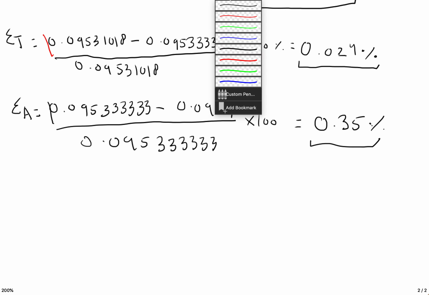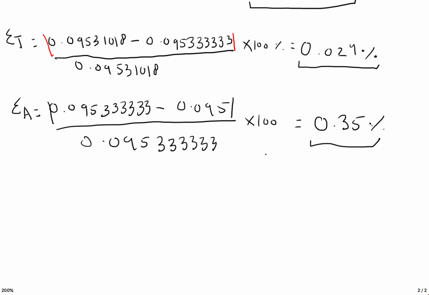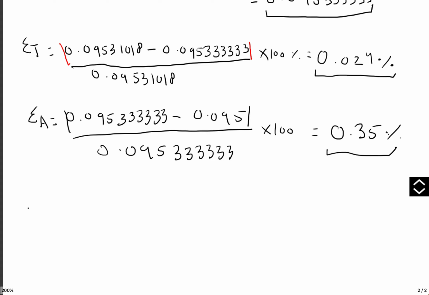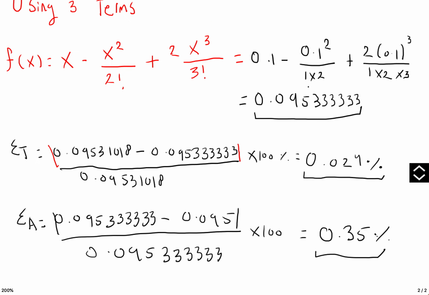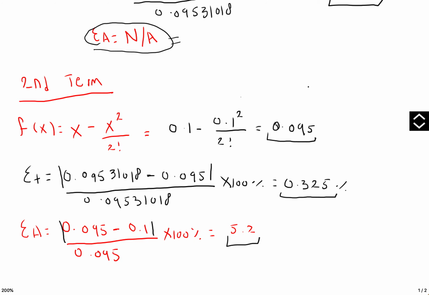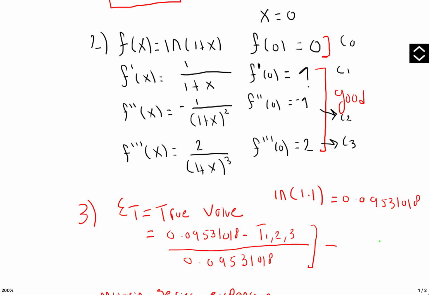If you ever think you're messing it up or something is going wrong, the question is, are you converging? If you're converging, are your numbers getting smaller? Are they getting closer to 0? If they're getting closer to 0%, then it means that you're getting closer to your ln 1.1, in this case your true approximation, and that's the whole purpose. That's the whole take home of this question.